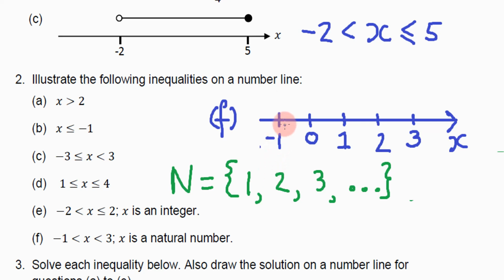In any case, -1 is not a natural number. Neither is 0. Then the first natural number greater than -1 is 1. So we need a dot at 1. Then we also have 2. 2 is less than 3, and it's a natural number. So we need a dot at 2. We can see that x is strictly less than 3. So although 3 is also a natural number, we can't include 3.